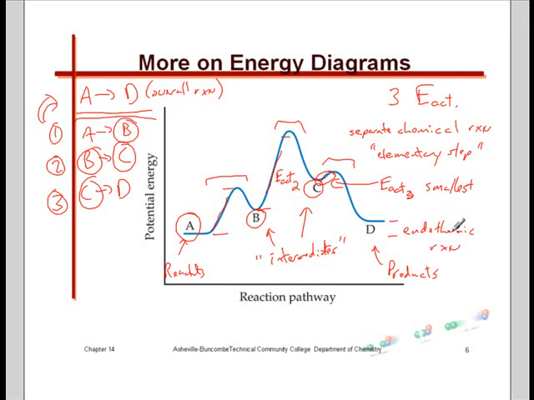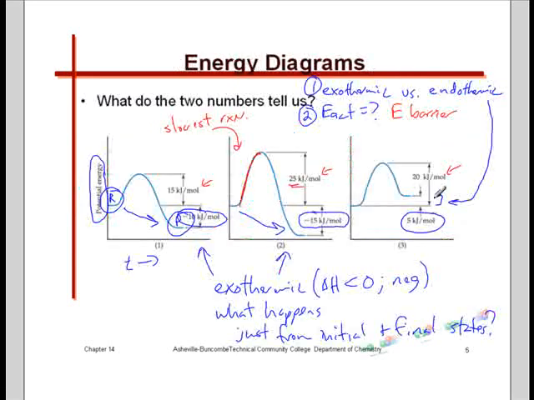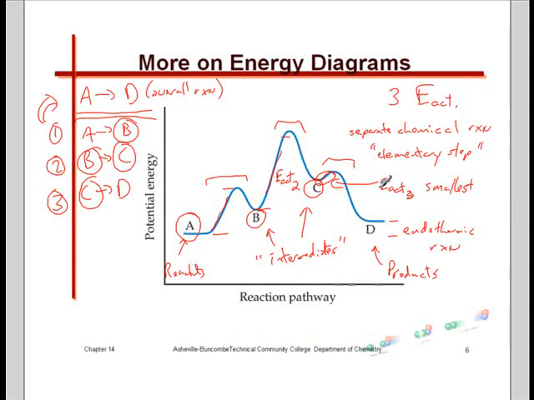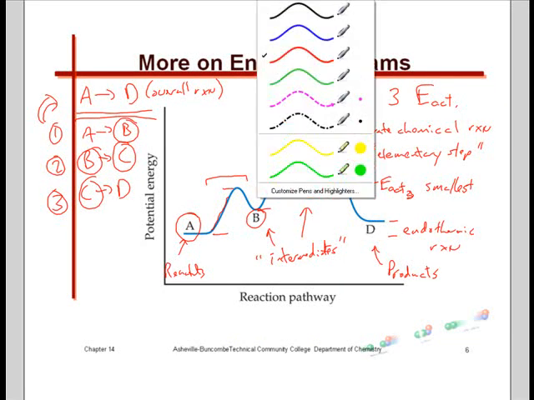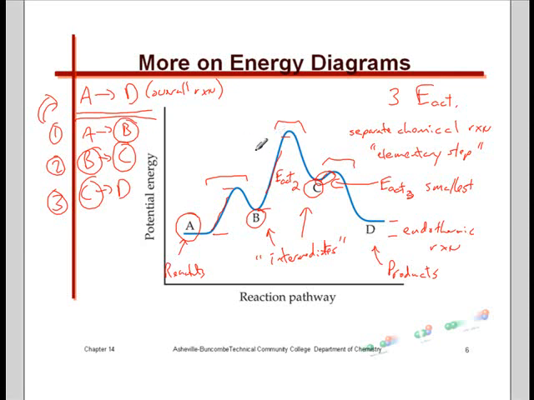Well, what did I say about the previous example? I said that the larger the activation energy, the slower the reaction, and the smallest, the best example is this guy. Let me switch colors again so we can make a distinction. This would be the slowest step.